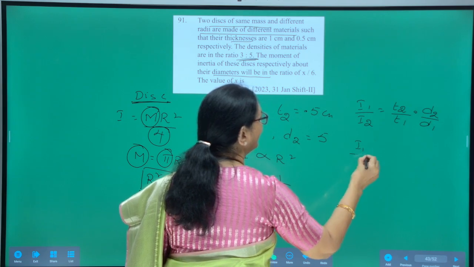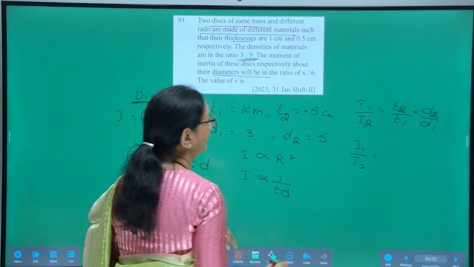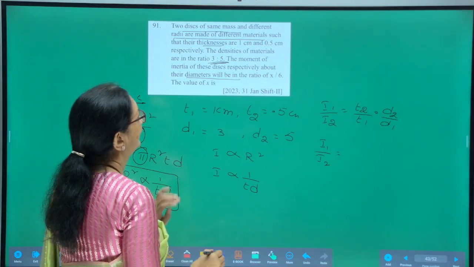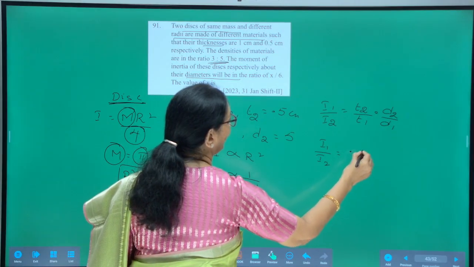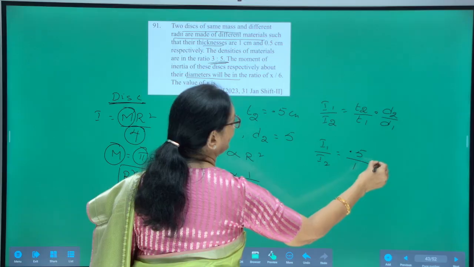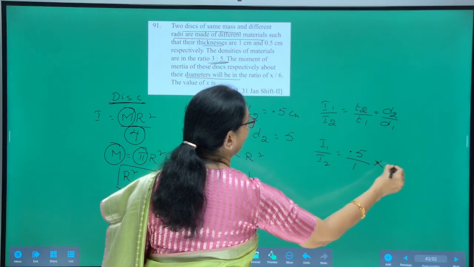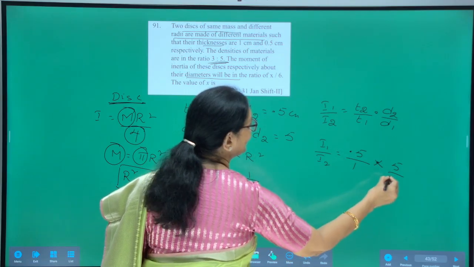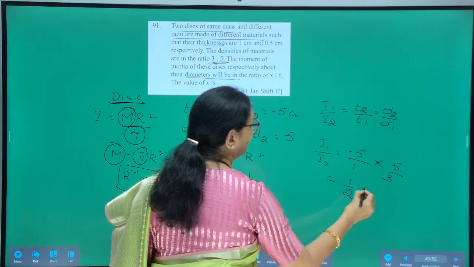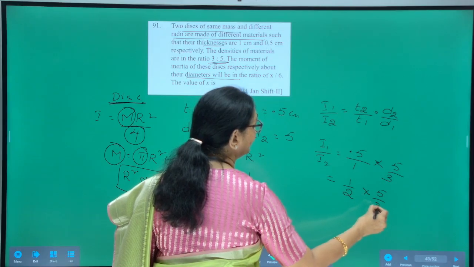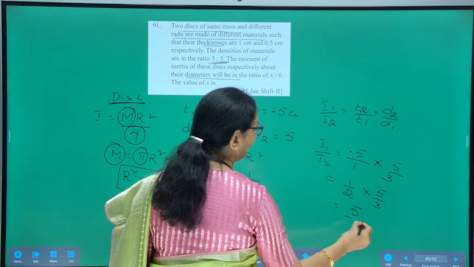So, see here, T2 is 0.5 and T1 is 1. D2 is 5 and D1 is 3. So, 0.5 can be written as 1 by 2 into 5 by 3, or it is 5 by 6.